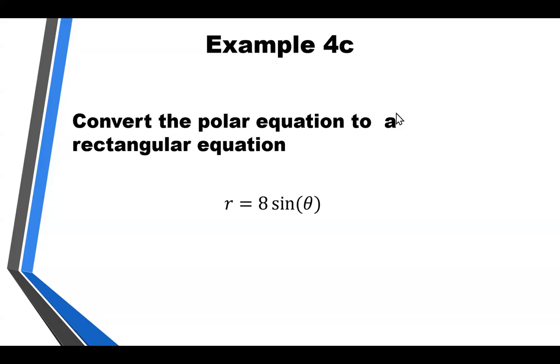Let's do another. Here we have r equals 8 times sine of theta. This looks fairly similar to our last one. We had r equals secant of theta, or r equals 7 secant of theta, technically. But the technique we're going to have to employ here is a lot different than the previous example.